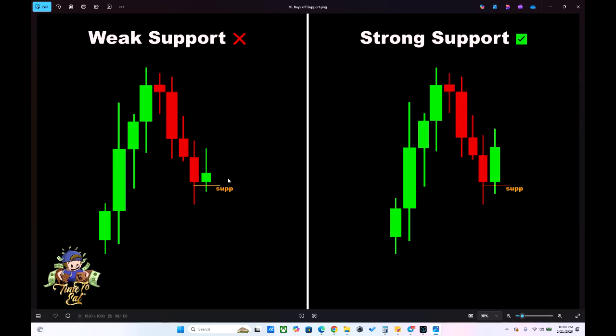Support: this is not a good support because this candle is indicating a further push down. A support is better when the green candle is a full-size, strong candle, where we know the buyers took control within this time frame. This is a healthy support level.